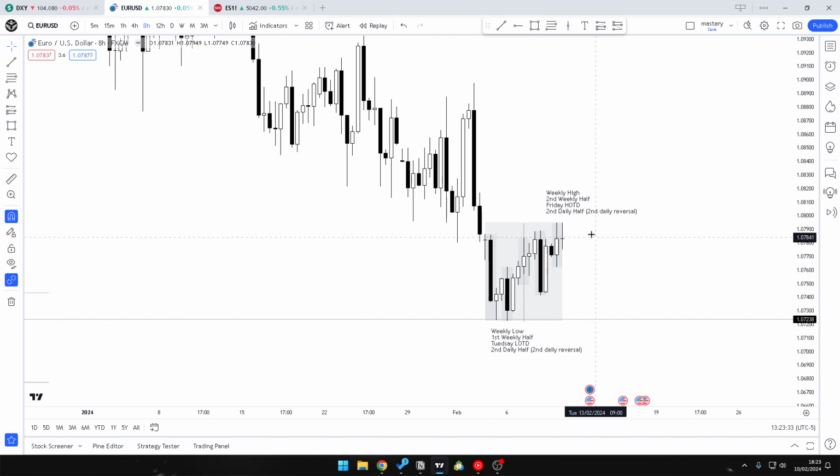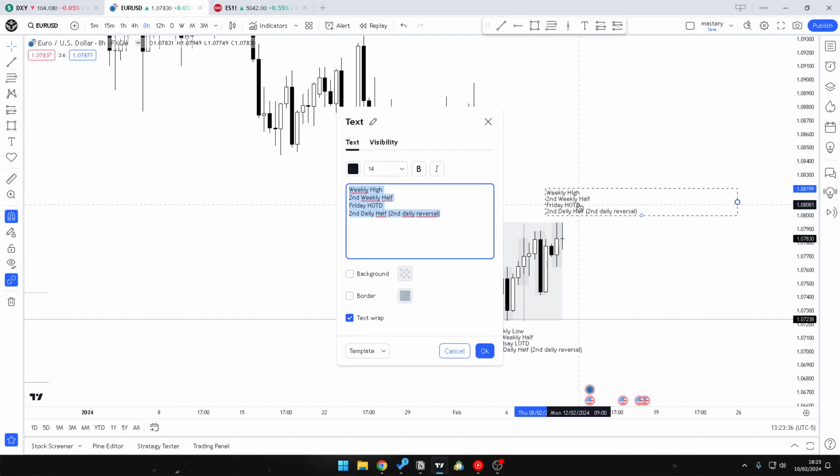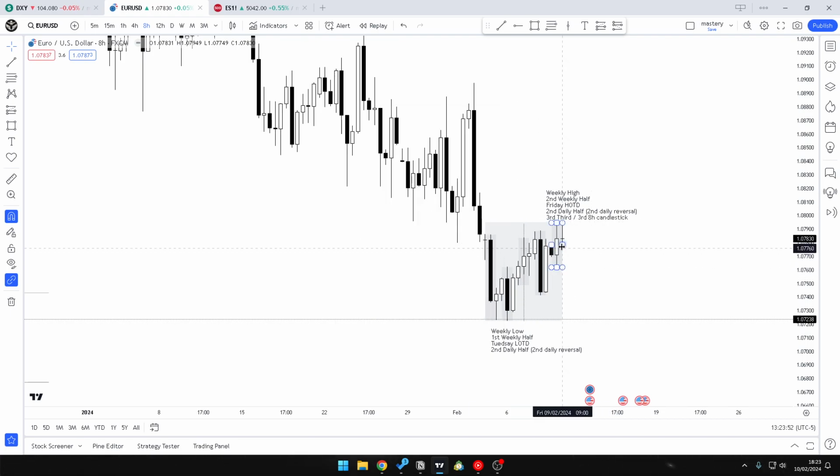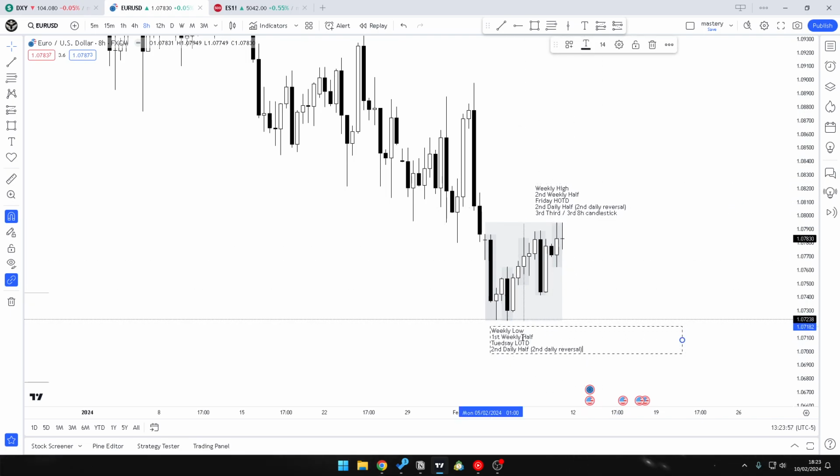Now, what I can see is that the high of the day was made on the third 8 hour candlestick, which means that between 9 and 17 price made the weekly high. In this case on Tuesday, it was made on the second third, which is the second 8 hour candlestick.